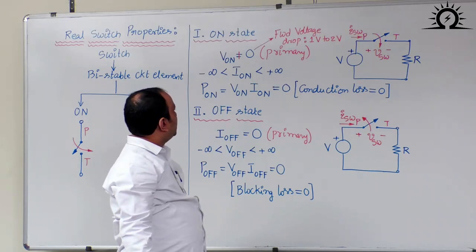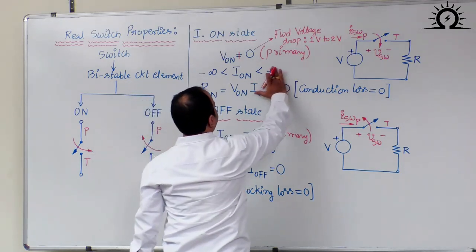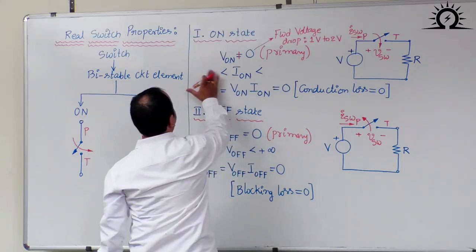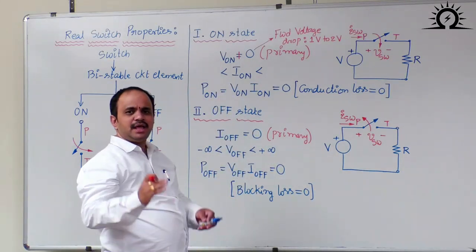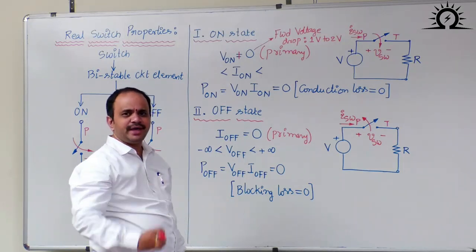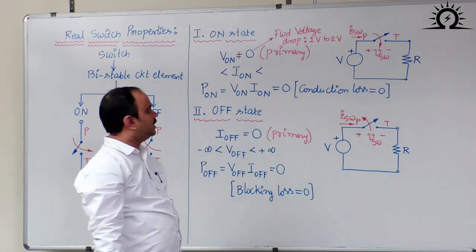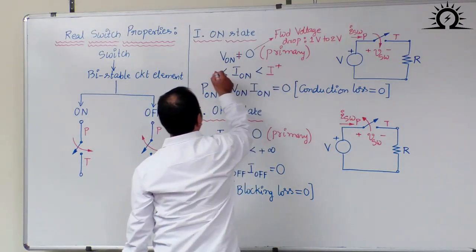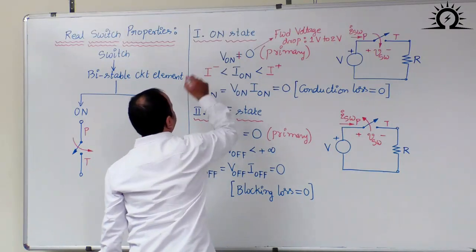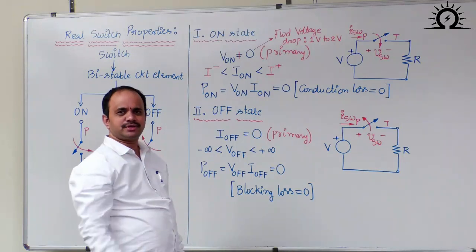Next, for the ideal switch, we said it can carry an infinite amount of current, but for a given physical device, it is impossible to carry infinite current. It can carry a finite amount of current. How much current it can carry will be specified by the manufacturer.